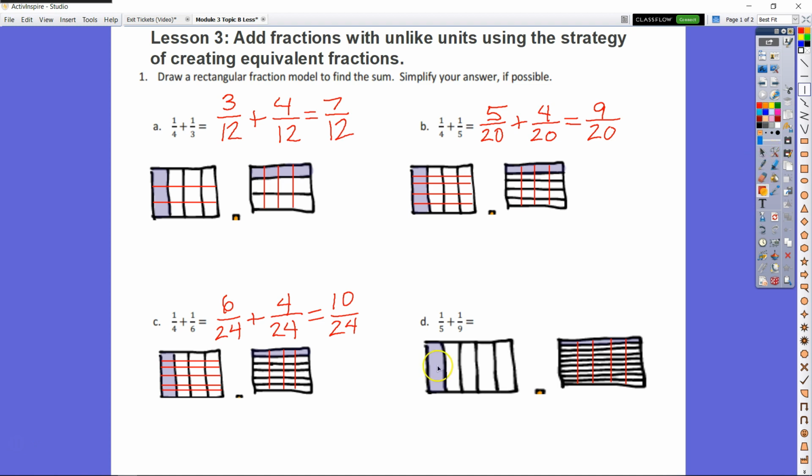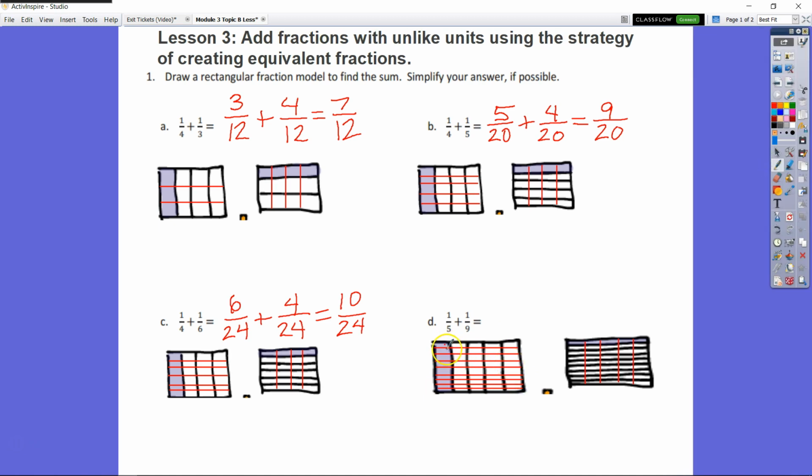All right, so now for my fifths here, I have 1, 2, 3, 4, 5. 1/5 is shaded in. In order to split that, I'm going to need 8 lines. 1, 2, 3, 4, 5, 6, 7, 8. Let's just count to make sure we have everything correct now. 1, 2, 3, 4, 5, 6, 7, 8, 9. So now I have each fifth is split into 9.